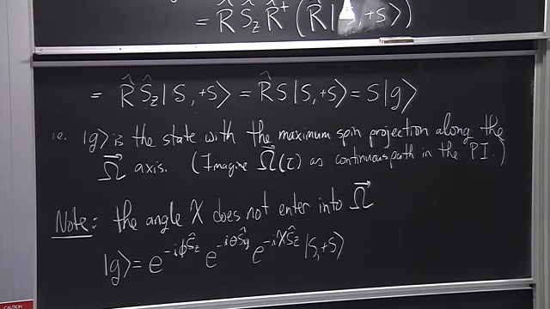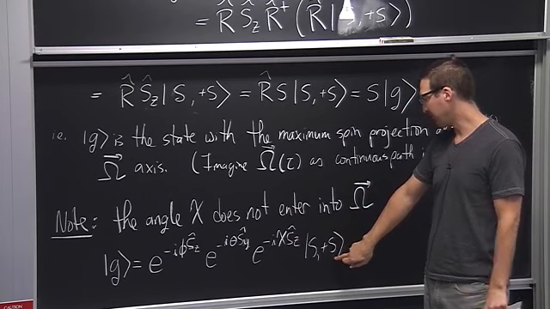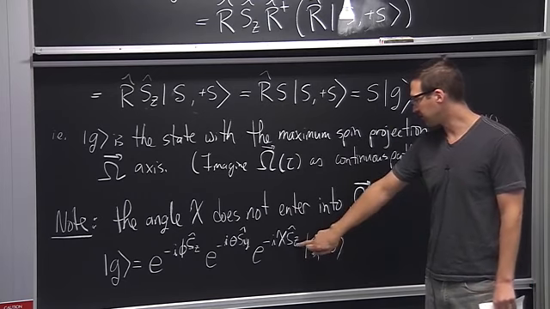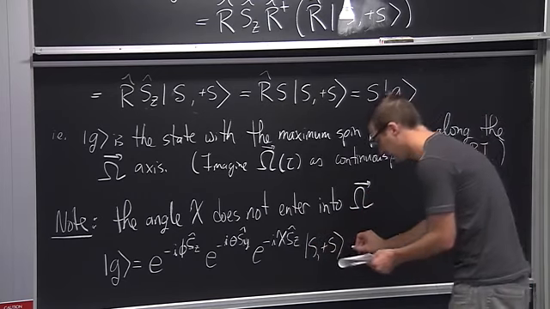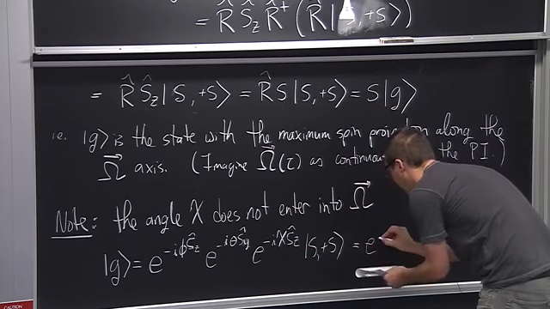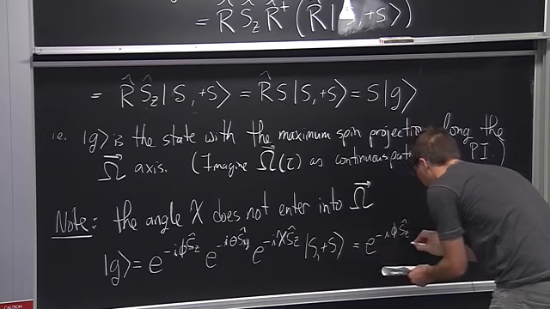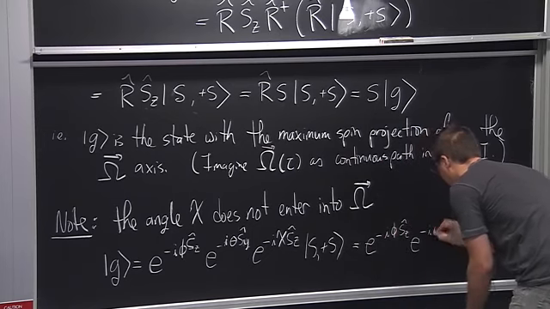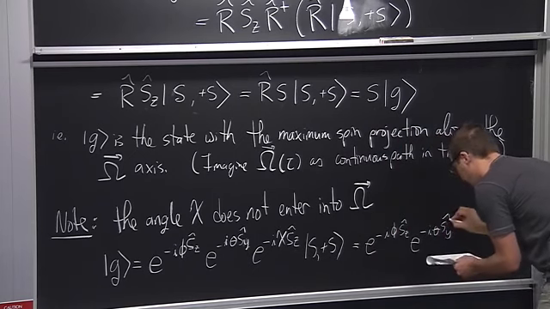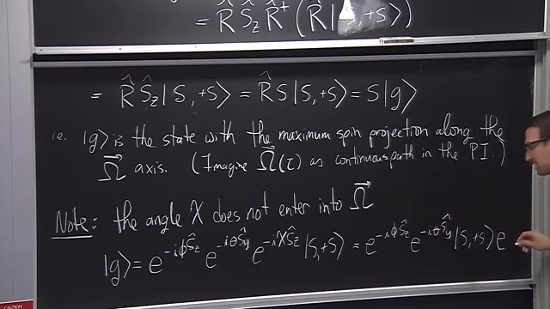The first thing that happens is this operator just pulls out the eigenvalue, because that's the associated quantum number, right? So this just gives me something that's got the angular dependence, e to the i theta S Y, S plus S, and this thing, which is just a scalar now, just a C number.